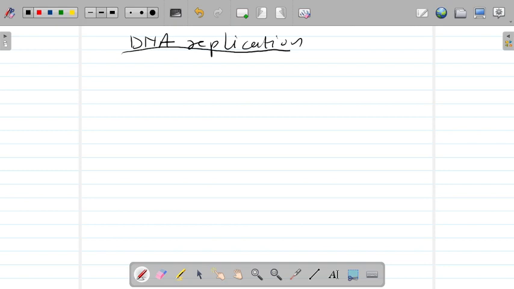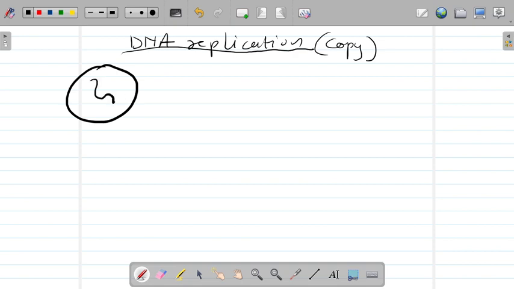Now, why does DNA replication need to happen? DNA replication happens because we have to make a copy of DNA before a cell divides. Remember, during interphase, the DNA is not copied for the sake of it.